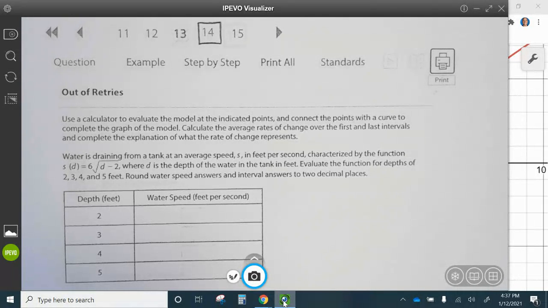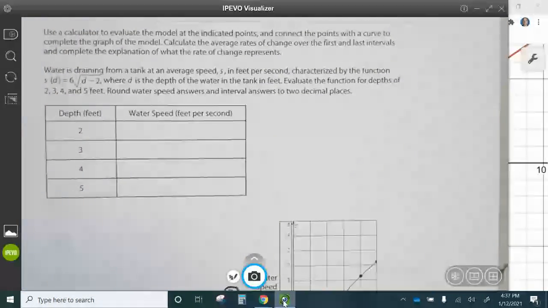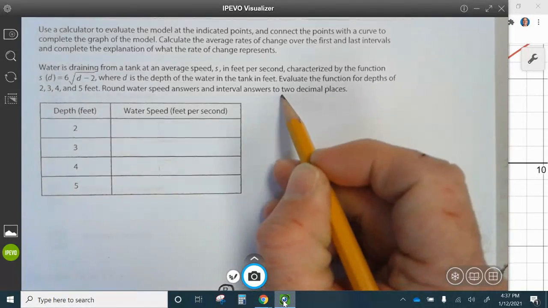Calculate the average rates of change over the first and last intervals and complete the explanation of what the rate of change represents. Water is draining from a tank at an average speed s in feet per second, characterized by the function s of d equals 6 square root of d minus 2, where d is the depth of the water in the tank in feet. Evaluate the function for depths of 2, 3, 4, and 5 feet. Round water answers and interval answers to 2 decimal places.